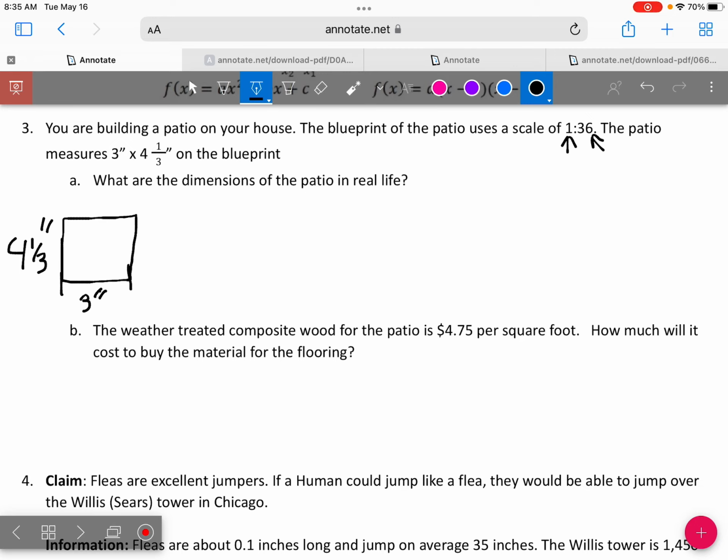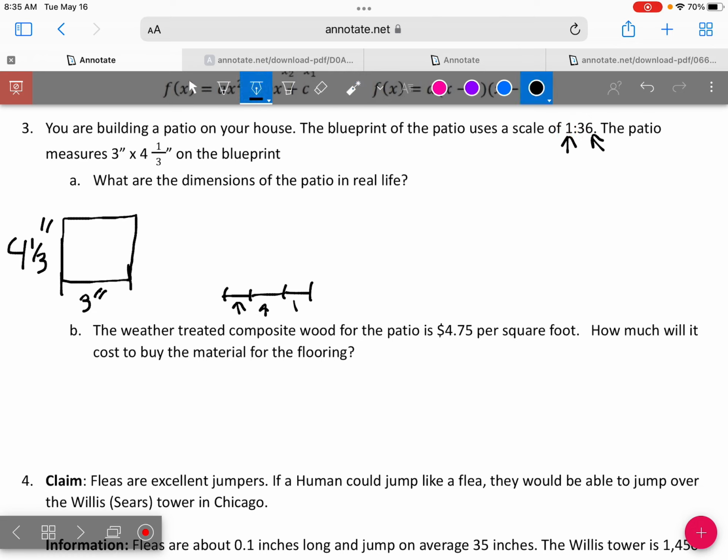Because when you draw plans like this, you never draw it 1 inch to 1 inch, because then I would be drawing a picture of the exact size of the doghouse, and that's a little extra. So if each one of these 1 inches is 36 inches, right? That's what this means. 1 inch on the drawing means 36 inches in real life.